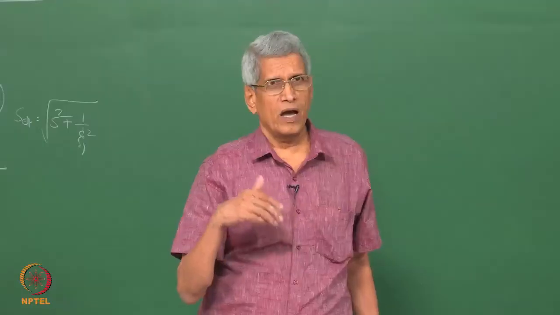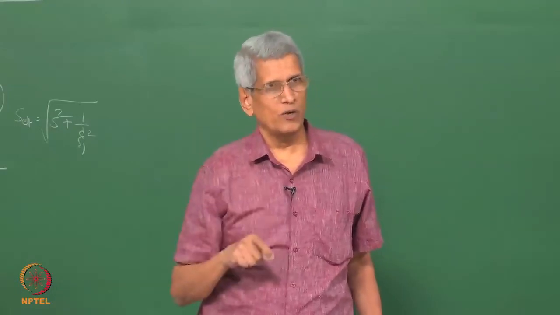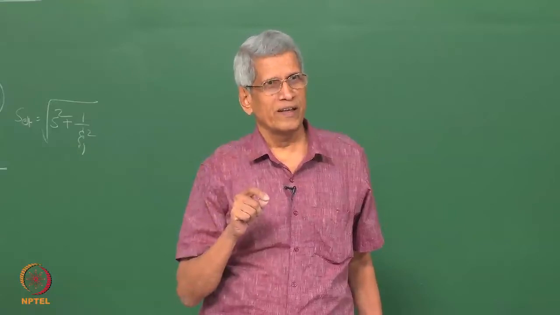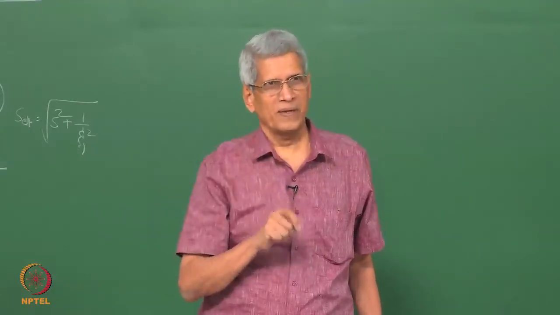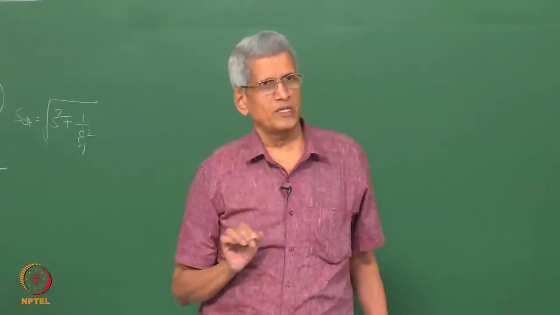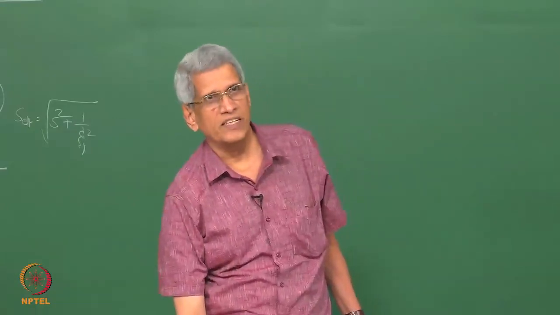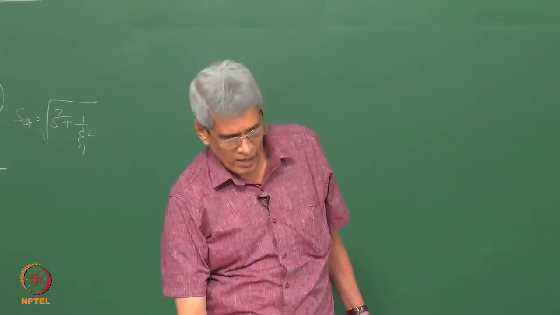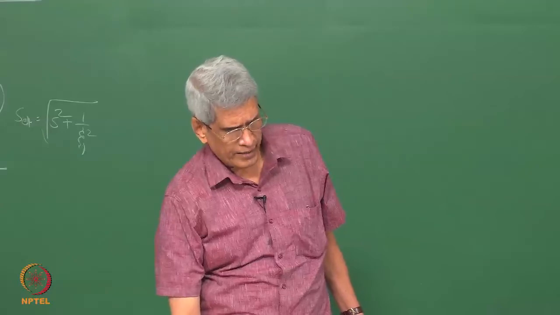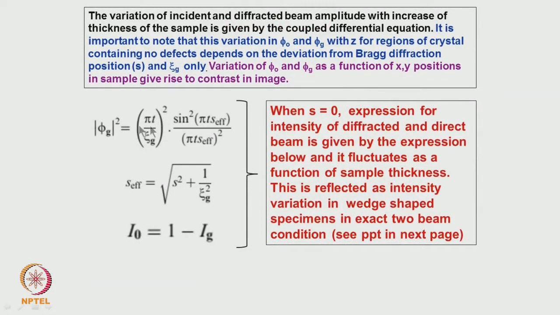So, the path of the electron within that sample is being controlled by the amplitude of the transmitted beam as well as the diffracted beam, and it is related to the potential of the electron, which comes in terms of that psi g, correct. And this is the equation. When we solved it, we arrived at an expression like this for phi g, and this is how we got that final expression.